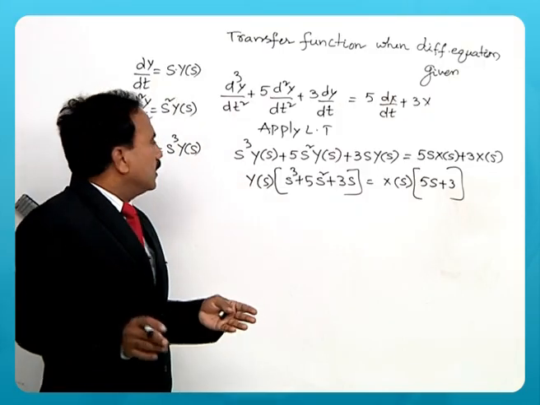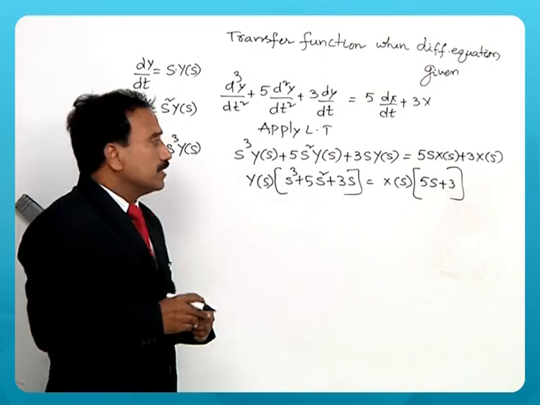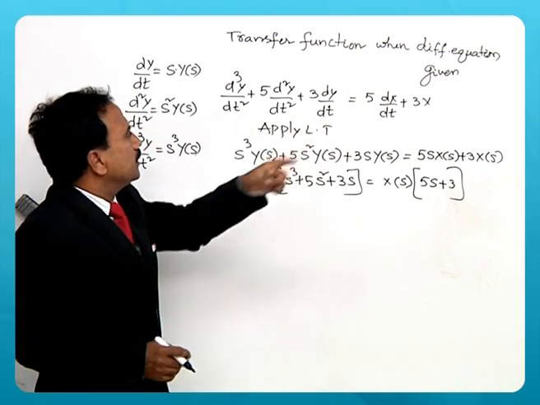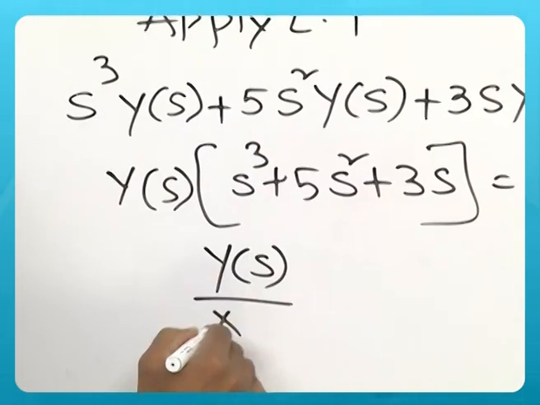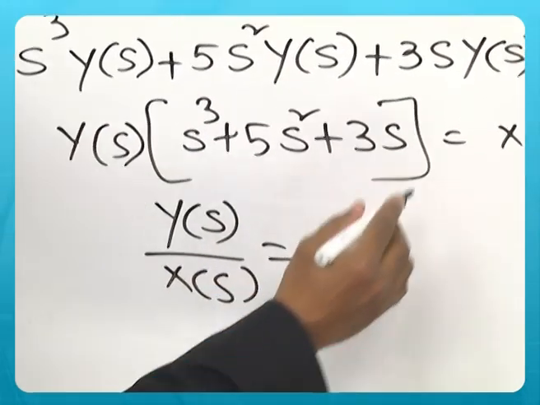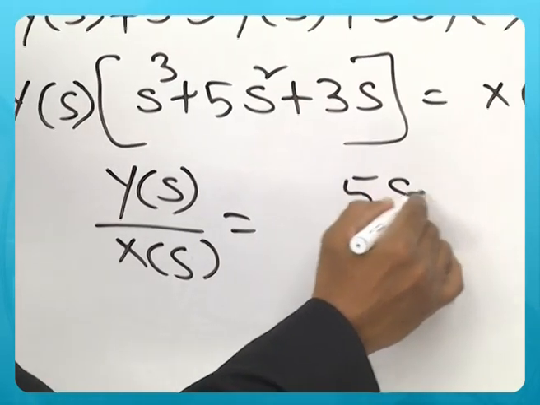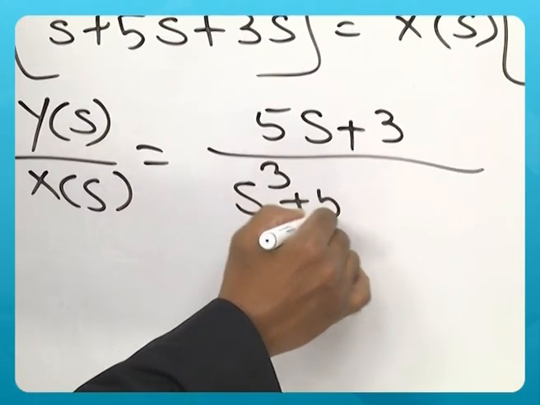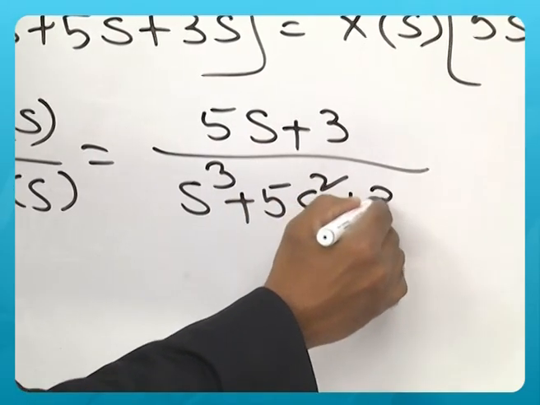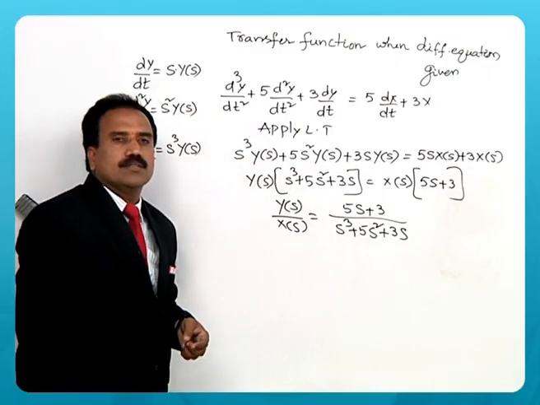So, once you get output and input terms separate, the transfer function for this particular problem is y of s by x of s, equal to 5 s plus 3 by s cube plus 5 s square plus 3 s. That is all.